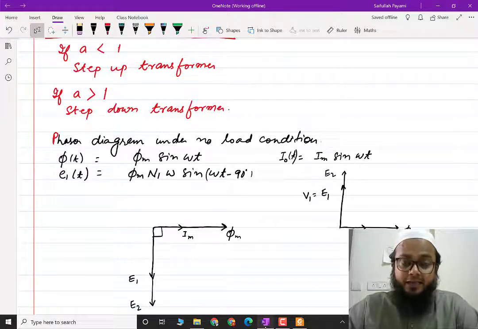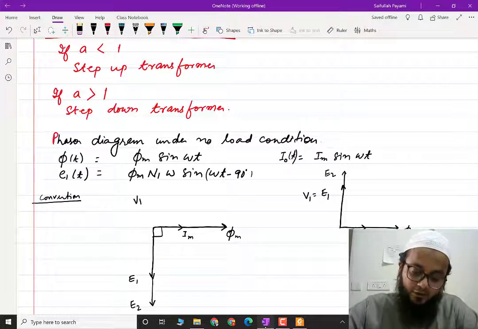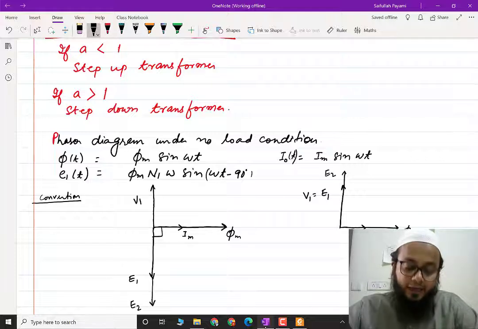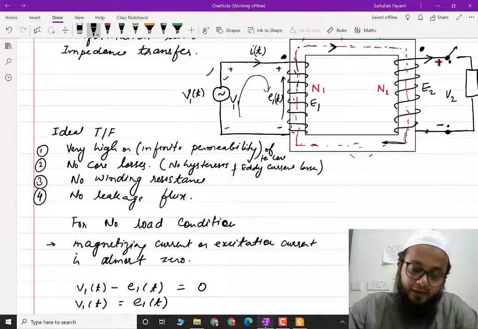If I'm energizing this transformer by a voltage source V, there are two conventions. In this convention, we show the primary voltage opposite to the induced voltage, showing that the source is actually sending the power. You can see that this source is sending the power, right?